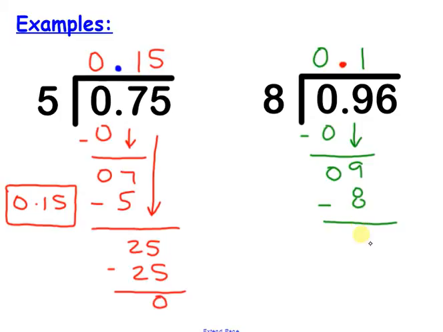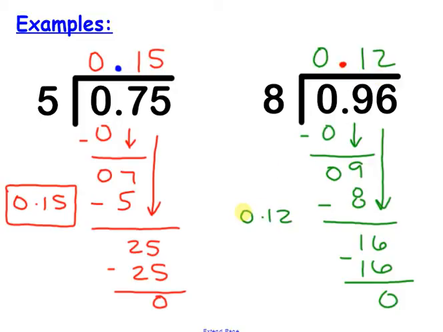Subtract. 9 minus 8 is 1. Bring down the 6. 8 goes into 16 twice. 2 times 8 is 16. Subtract. 16 minus 16 is 0. Nothing left to bring down. Your answer here is 0.12, or 0 and 12 hundredths.